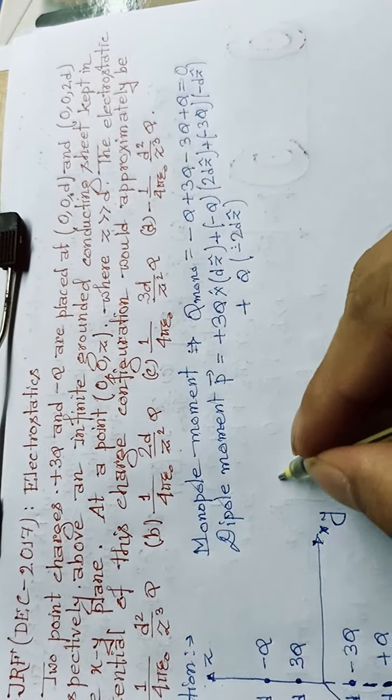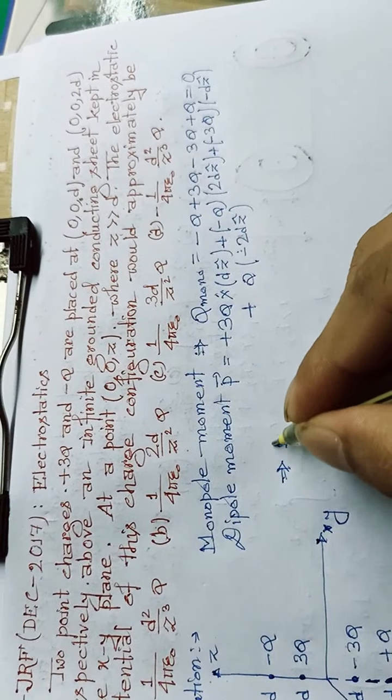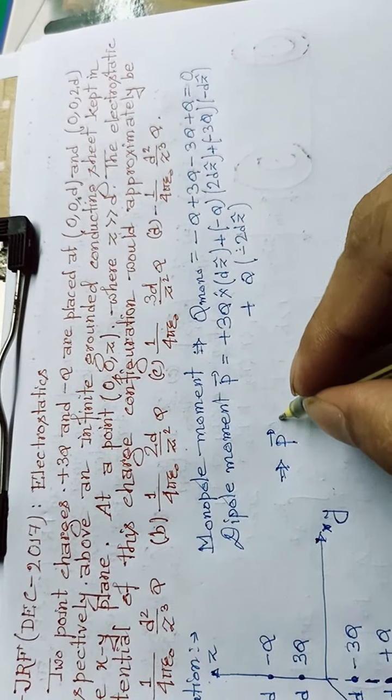After calculating these values, we find the dipole moment P is equal to 2qd z cap.